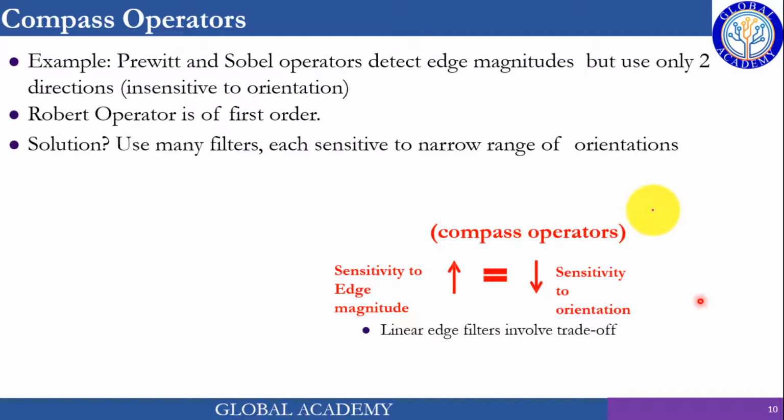So the solution is to design some filters which are sensitive to a narrow range of orientations, like 45 degrees and so on. There is always a trade-off between sensitivity to edge magnitude and sensitivity to orientation. If you gain in one parameter, you will lose in another parameter, and so on and so forth.